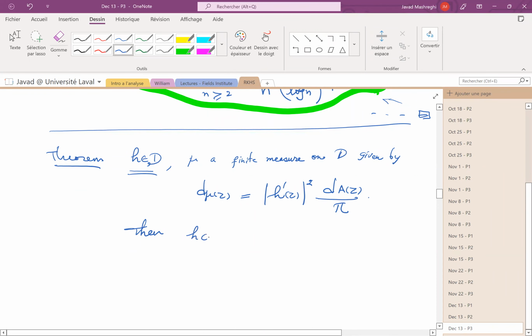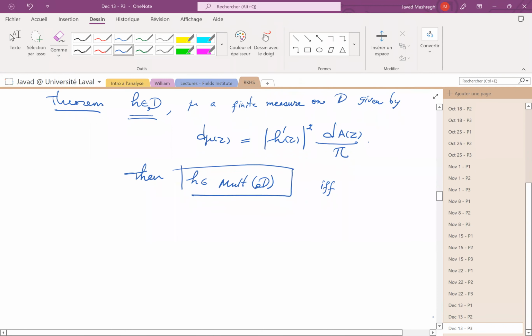Then h is in the multiplier space or multiplier algebra of the Dirichlet space if and only if mu is a Carleson measure.